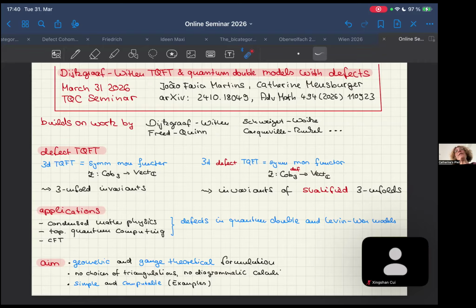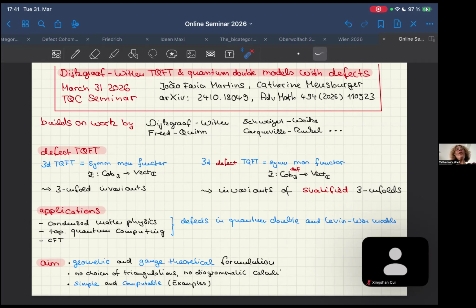On the other hand, in TQFT, usually one picks triangulations or handle body decompositions or something like that, and then defines the TQFT using these quantities. And especially in the presence of defects, one often needs diagrammatic calculus for higher dimension, for higher categories. And one describes this by diagrams, and one chooses triangulations and so on.